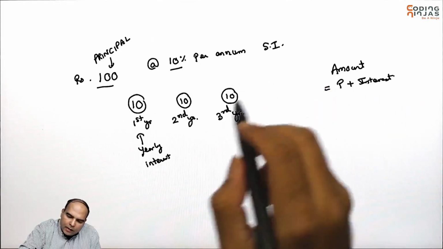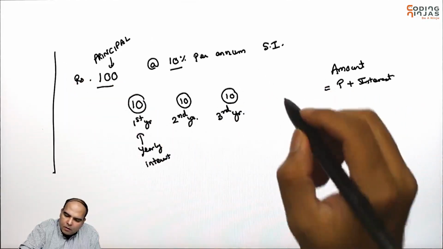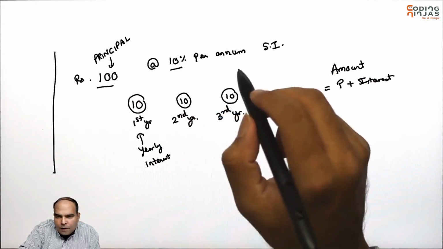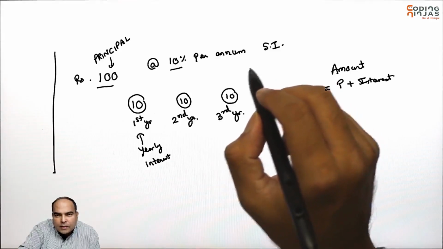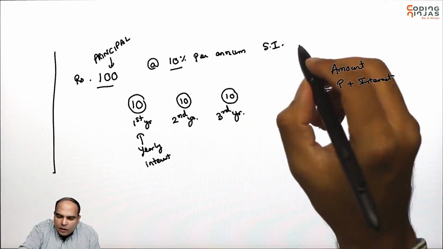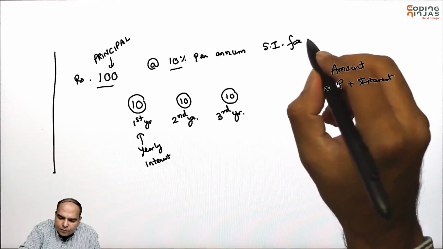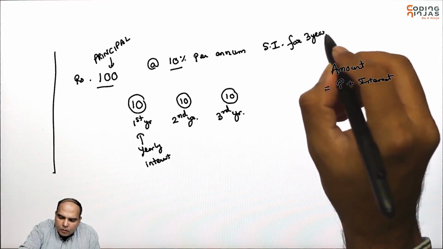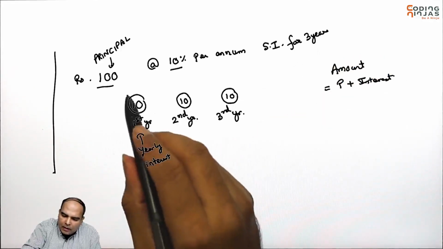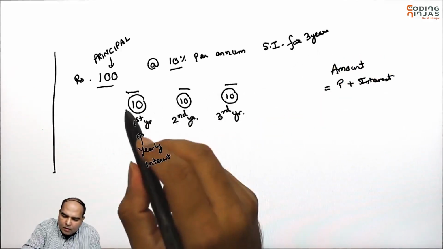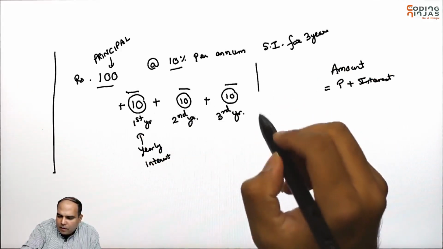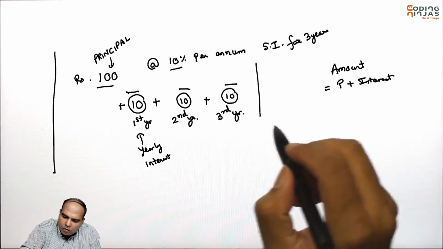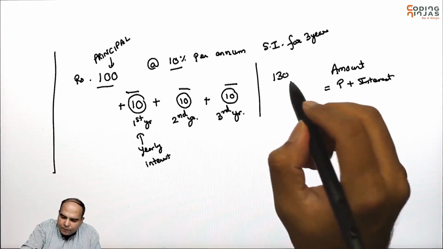So if I look at this example, if I add one more aspect to this, that the simple interest at 10% per annum is being calculated for 3 years, so I can see that 10, 10 and 10 would be the interest for every year, and hence my total amount is very clearly 130.